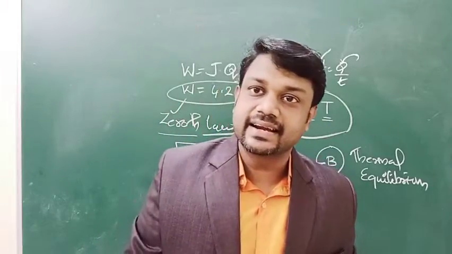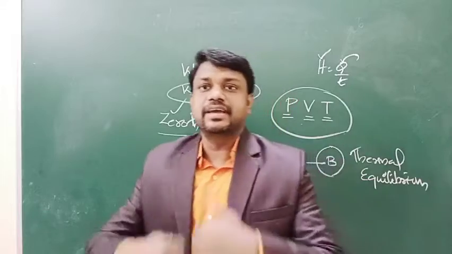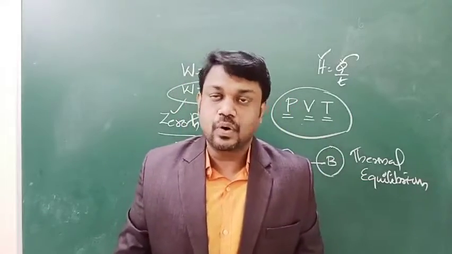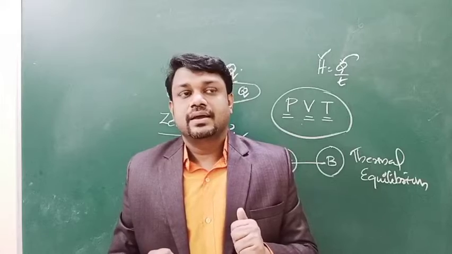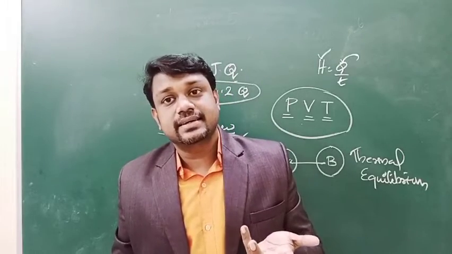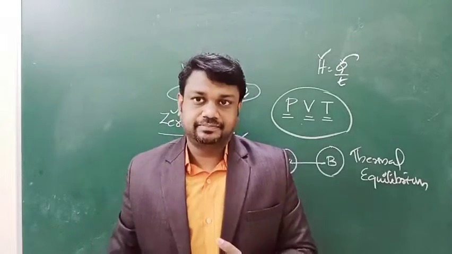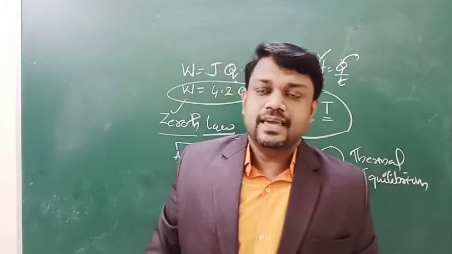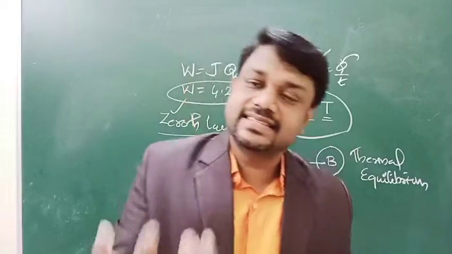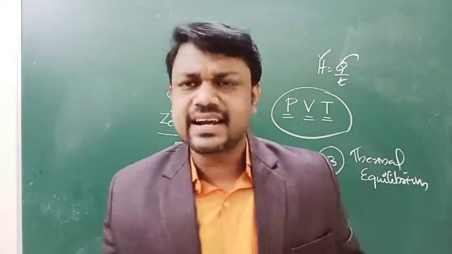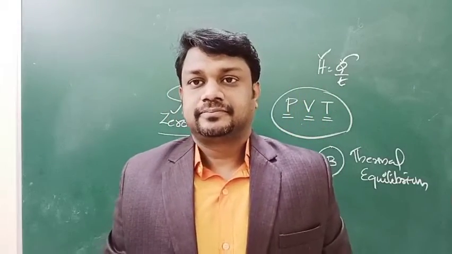These are heat, work and internal energy. Suppose you are supplying heat to a system, or suppose you are doing work on a system, its heat energy increases. Or if a system does some work, its heat content decreases.